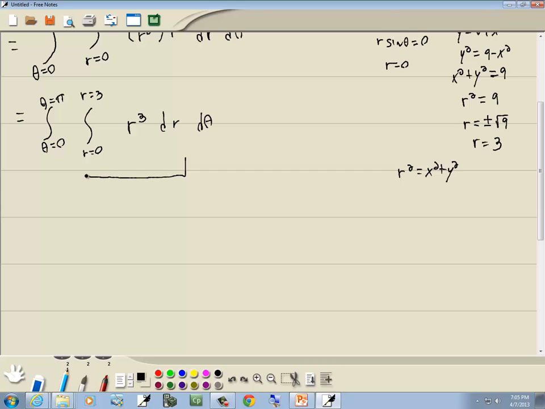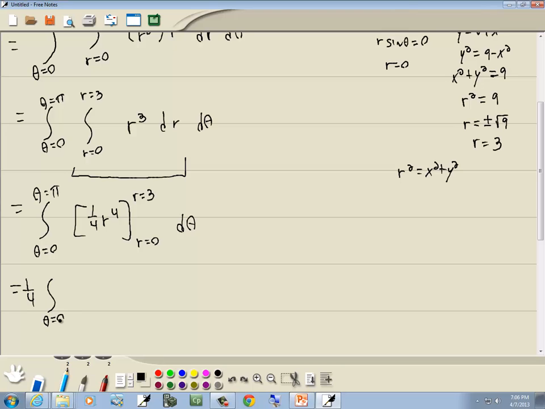Well, we'll do our inner integral. So this is still theta is equal to 0 to theta is equal to pi, and that gives us 1/4 r to the fourth. You add 1 to your power, divide by your new power, from r is equal to 0 to r is equal to 3 d theta. Well, we can take the 1/4 and put it out in front, so we don't have to worry about it.